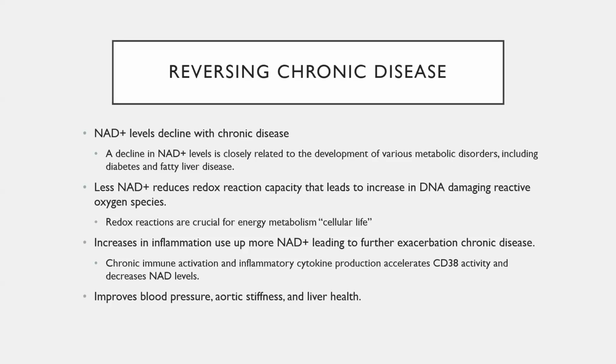So the more inflamed, the less NAD, the more DNA damage, the more inflammation, a chronic cycle. And that chronic immune activation, meaning chronic inflammation, right? Because inflammation is our immune system. That chronic immune activation and those inflammatory cytokines are going to accelerate that process and decrease those NAD levels.